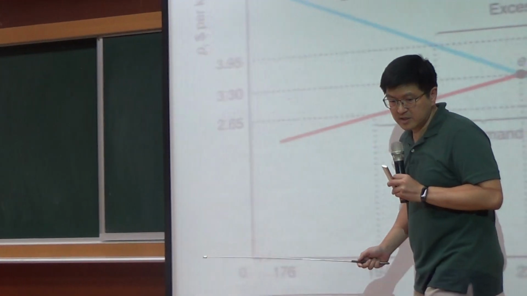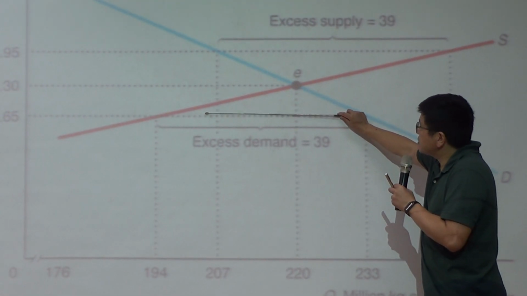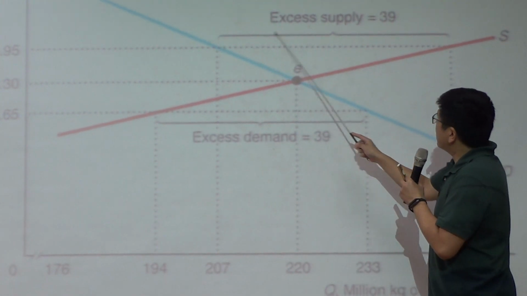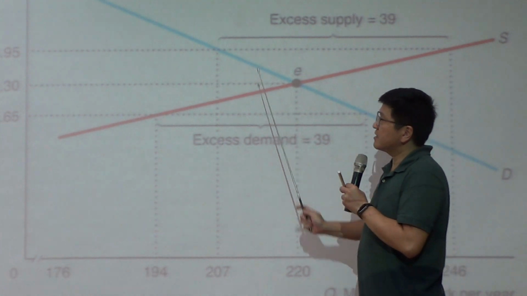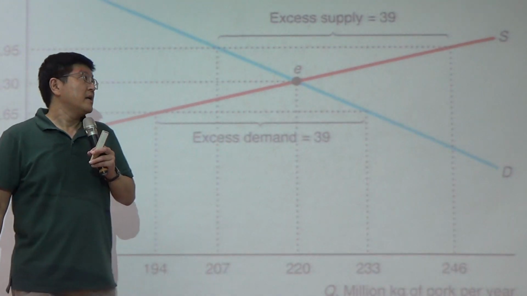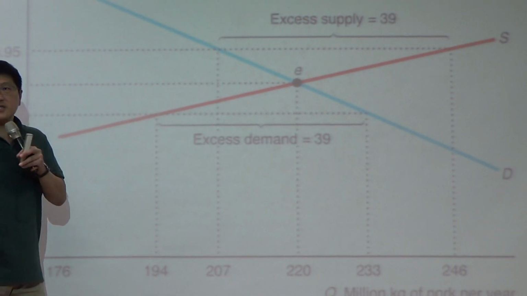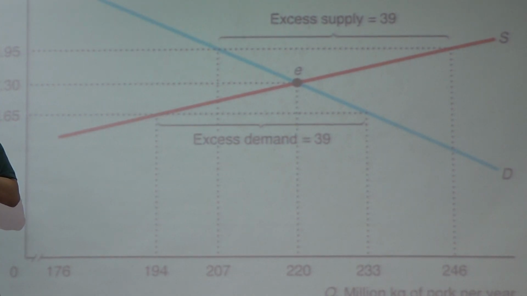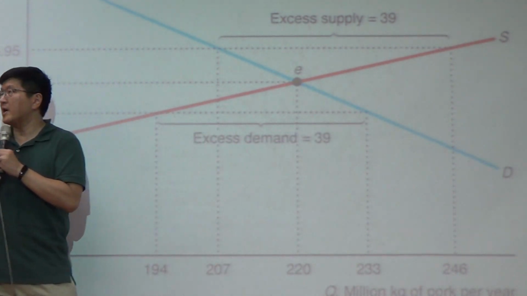So competition makes a pressure to push the price upward. On the opposite, when the supply is higher than the demand, the quantity supplied exceeds the quantity demanded. What would happen? So the sellers compete with each other.